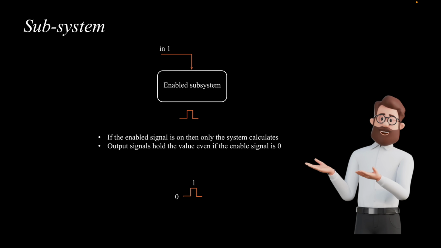If you consider an enable subsystem, then you will have an input. This input which you are able to see is the enable signal, and whenever the signal value becomes 1 from 0, at that moment the calculation you designed inside the system gets triggered.